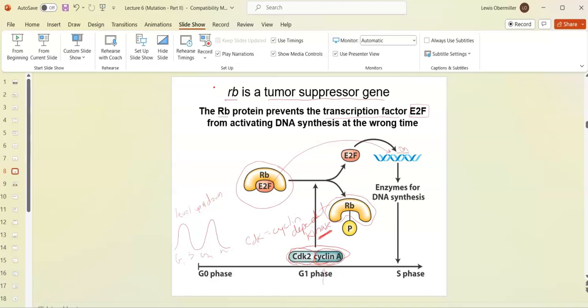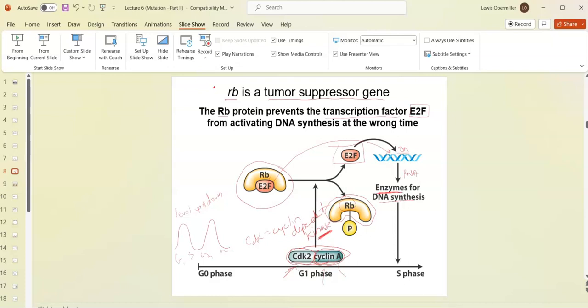this is the normal process. During S phase, during synthesis phase, the cyclin-dependent kinase, which is always present, interacts with the cyclin and phosphorylates retinoblastoma. That phosphorylation changes the shape of RB and it frees this transcription factor, right? That transcription factor then turns on RNA transcripts that are read into proteins.